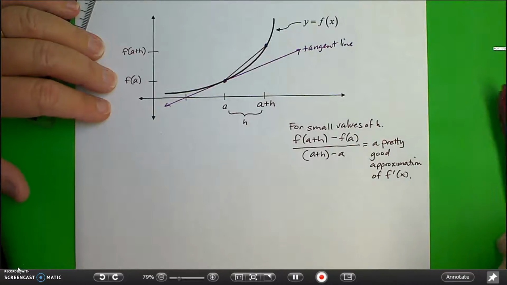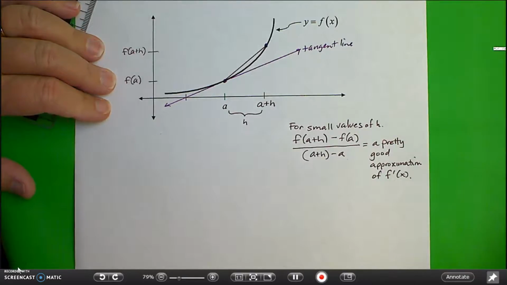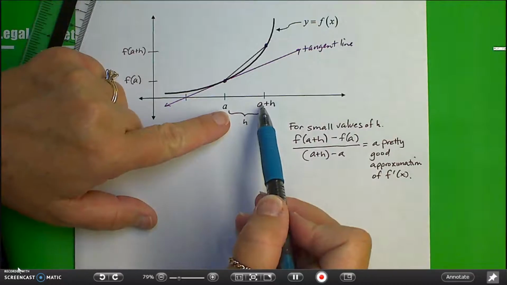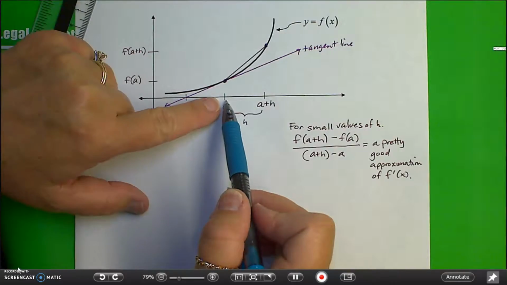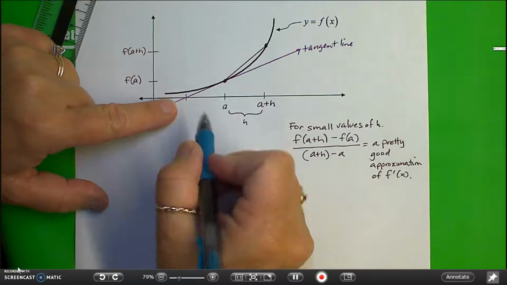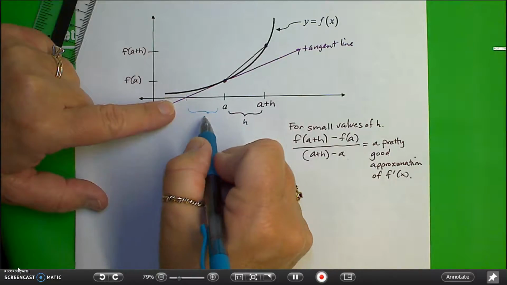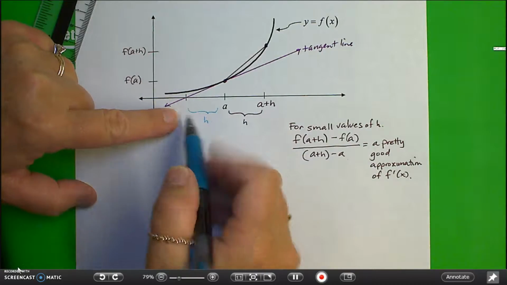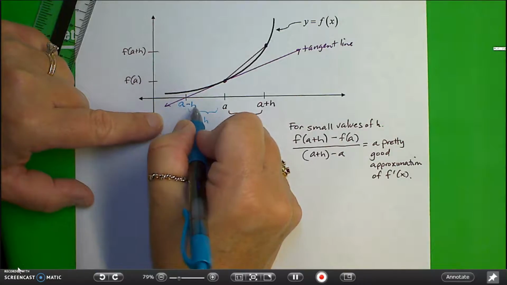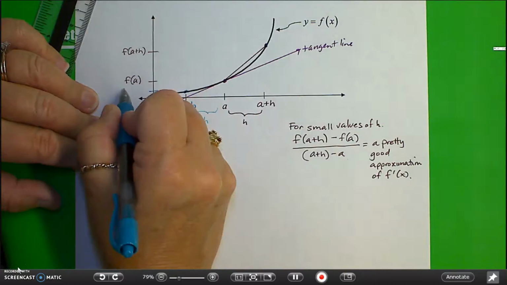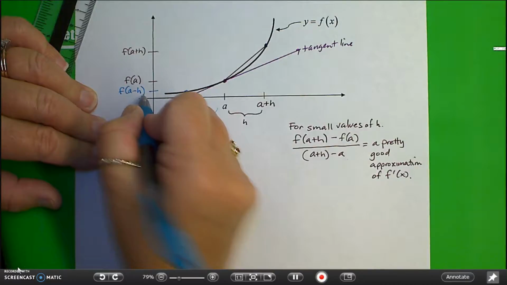Okay, but here is the revelation for today. If we look at a point that's exactly the same distance to the left side of A, so I'm going to go h over here, this would be a minus h. My function value over here, f of a minus h.